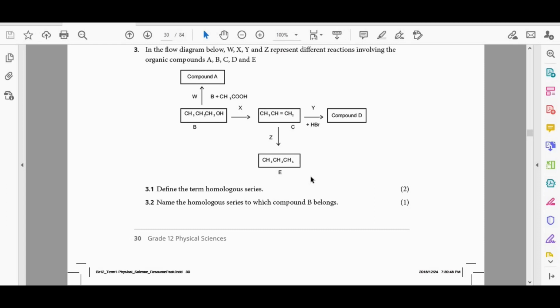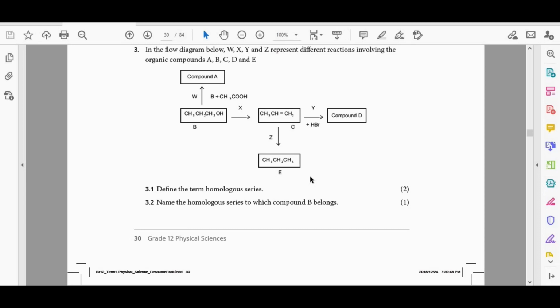Well, compound C we can clearly see is an alkene, and compound E looks like an alkane. I'm seeing CH3, CH2, CH3. So that is definitely an alkane for compound E, and compound C is an alkene, which we established early on in the question.